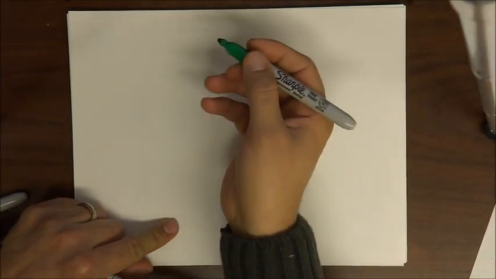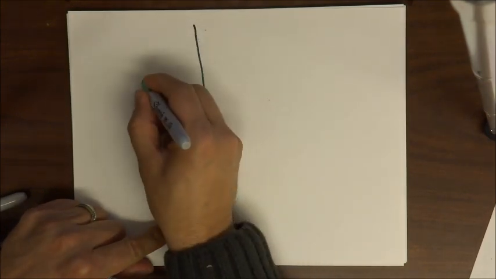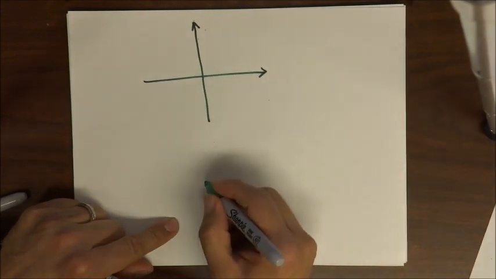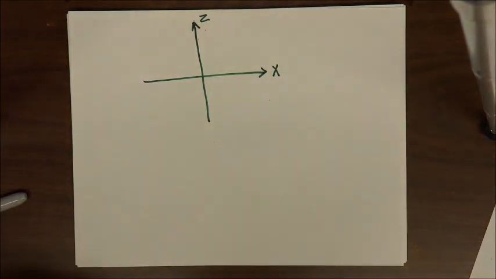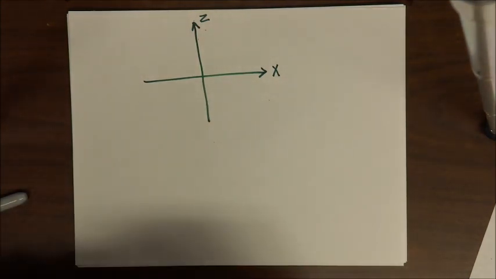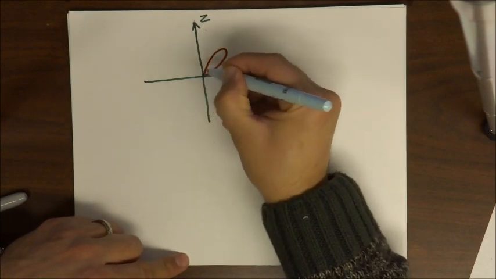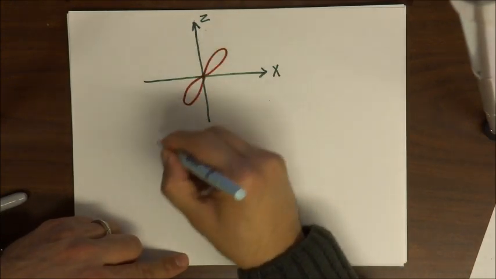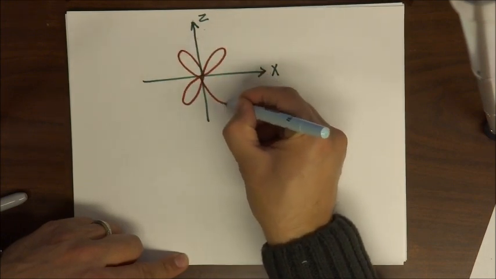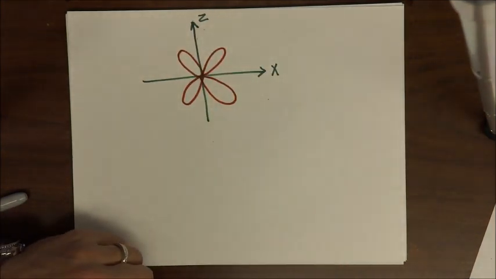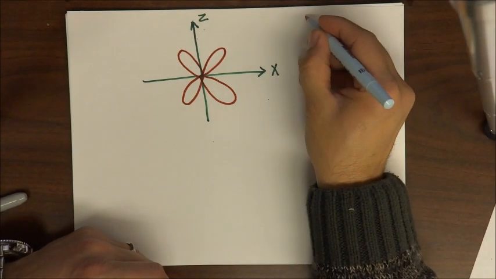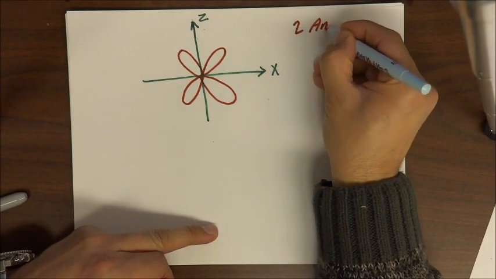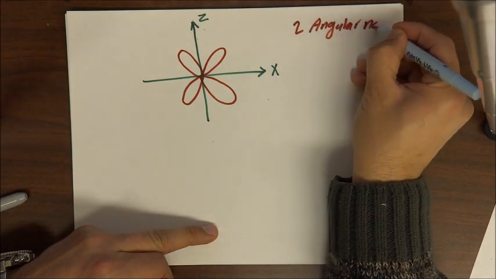The way you draw any d orbital, choose one plane. First, in this case, I go with Z and X. Put two lobes between the axes. Same thing here. And apply all the nodes you have. You have two angular nodes.